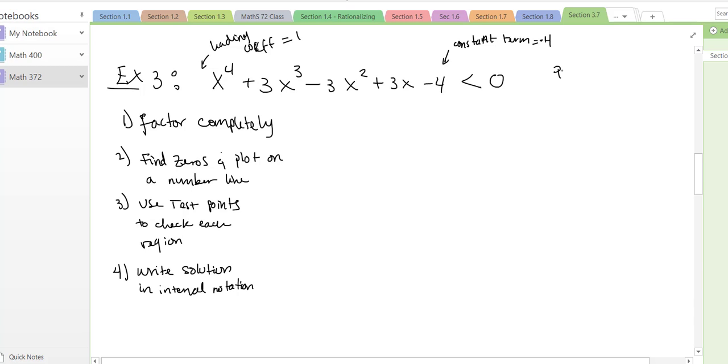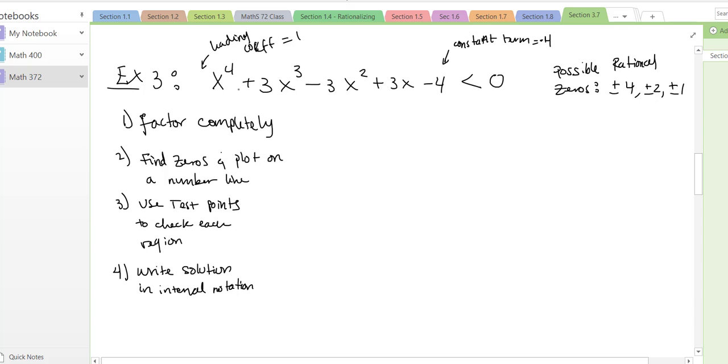So our possible rational zeros are plus or minus 4, essentially the factors of -4 divided by the factors of 1. So plus or minus 4, plus or minus 2, and plus or minus 1. And so we can go through all of those and check which one gives us a 0.